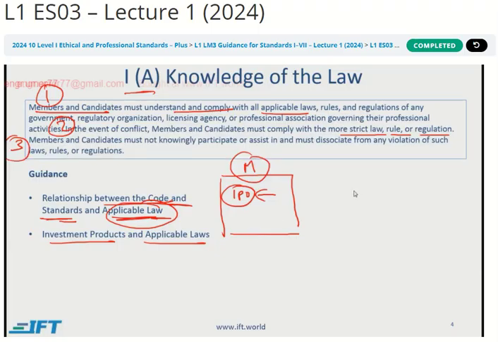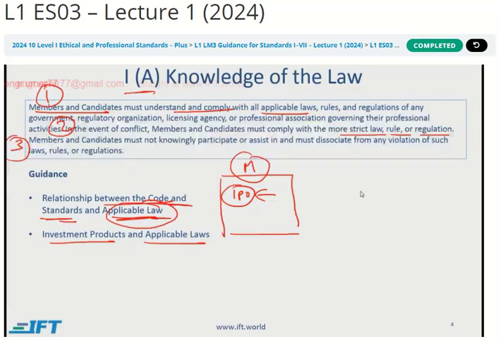So say you are currently based in Central Asia and you are selling investment services and products to various countries in Central Asia, but you are a US citizen and you also are pursuing the CFA charter, so the code and standards apply to you.